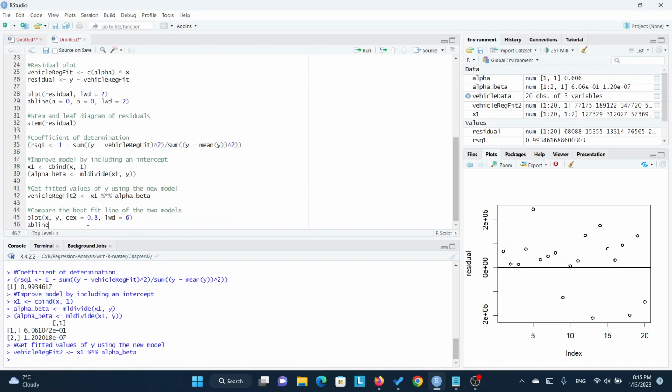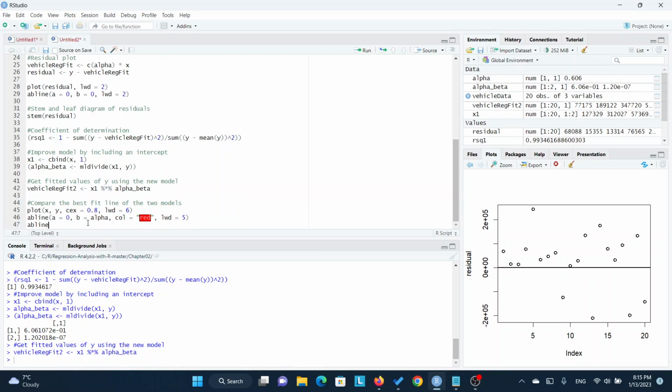We'll add an abline using our previous model that had no intercept, so that's going to be alpha. We'll give it a color to make sure it's different, and lwd line width is going to be 5.